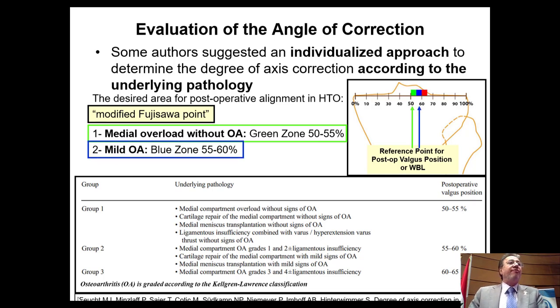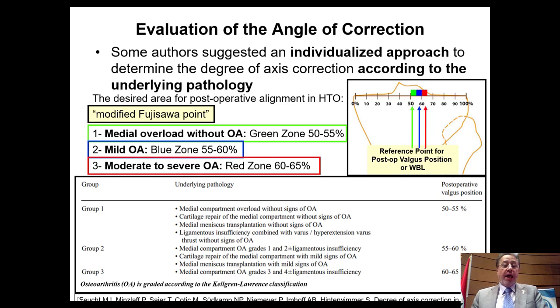For the patients who have mild osteoarthritis, in the blue zone, between 55 to 60% from the medial edge of the tibial plateau, and for the patients with moderate to severe osteoarthritis, in the red zone, 60 to 65% from the medial edge of the tibial plateau.